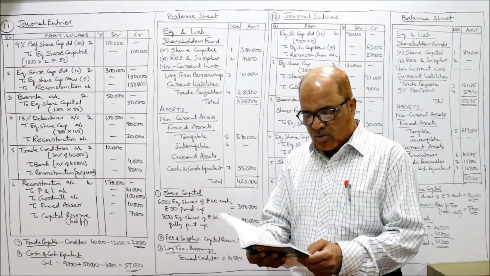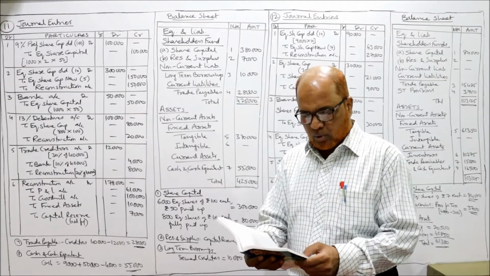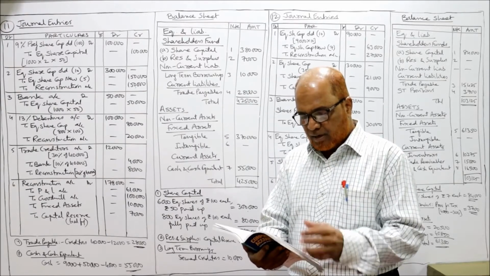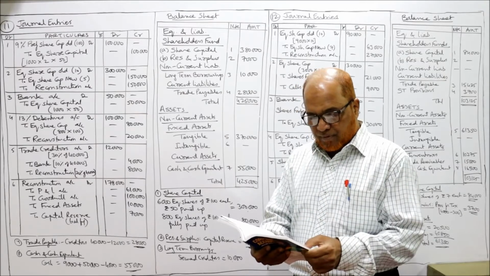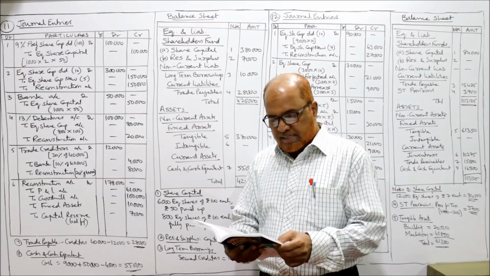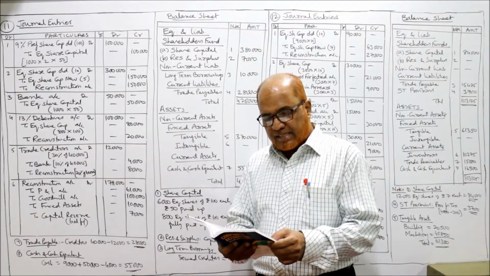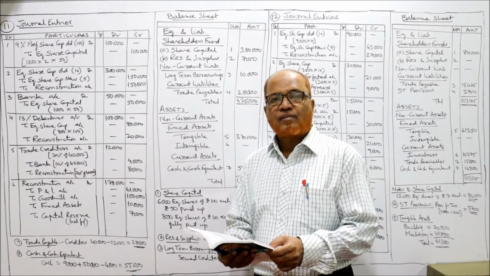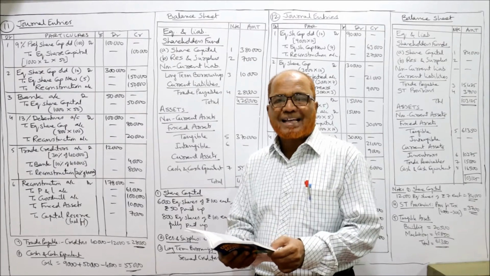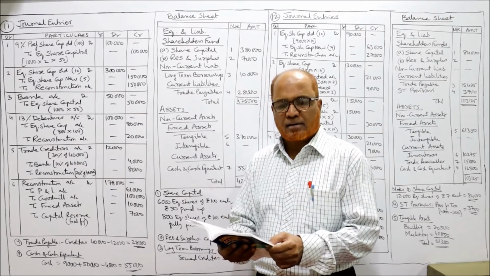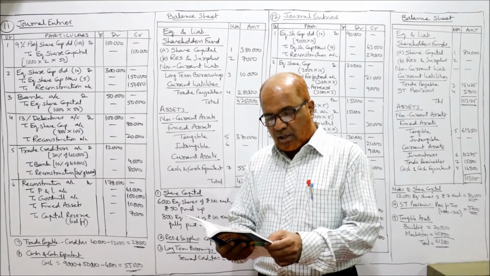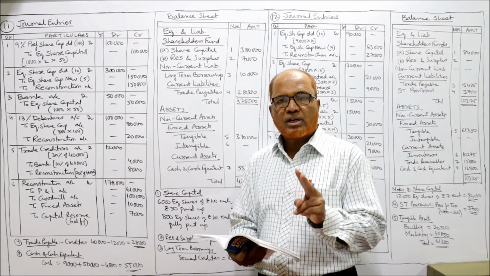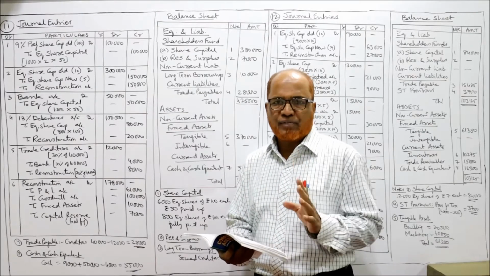The company decided on a scheme of reconstruction which was as follows. 2 equity shares of 100 each, 50 paid up, were issued for each preference share. Presently the preference share capital is 1 lakh rupees, 1,000 shares of 100 rupees each. Now we are cancelling this preference share capital of 1 lakh, and we are issuing 2 equity shares of 100 each, 50 rupees paid up, for every preference share.